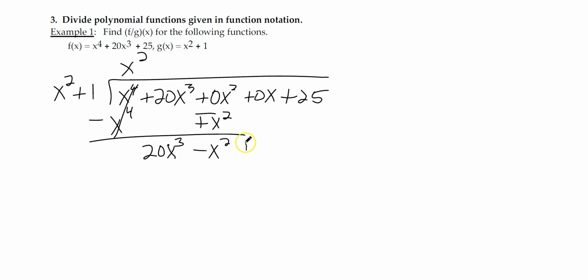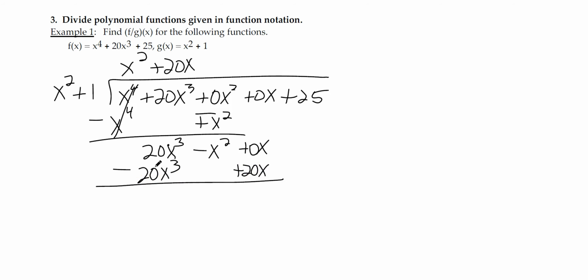And we can drop the next one down. And x squared times what is 20x cubed? Sorry, that would be plus 20x. We distribute 20x cubed plus 20x, that does go in the x column. Draw the line and change the sign, so we subtract. Those reduce. Here we have just minus x squared, and here we have minus 20x, and we can drop our 25.